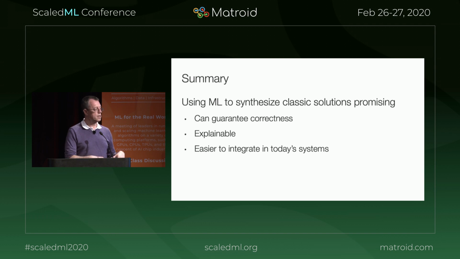Instead of using machine learning end-to-end, we use it to generate classic solutions, whether it's data structures, a program, or a set of rules. With these classic artifacts, it's much easier to prove the correctness. In some cases, we can automatically prove it. And obviously, a set of rules or a program is far more explainable than a neural network.